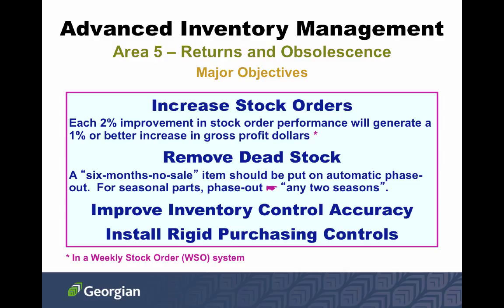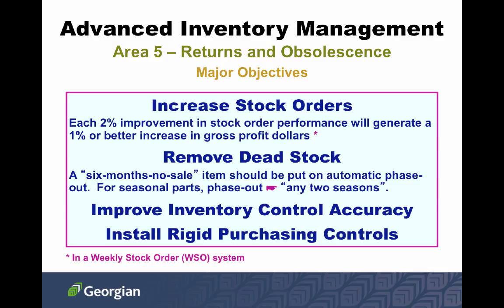Well, it depends on returnability. If the manufacturer has attractive return programs for special purchases for tires, well, maybe, but certainly for seasonal parts, phase out is any 2 seasons, which could be anywhere between 12 to 15 months. Phase out next year in November, when basically the snow tire selling season starts fading out.